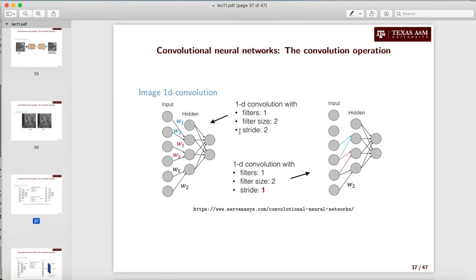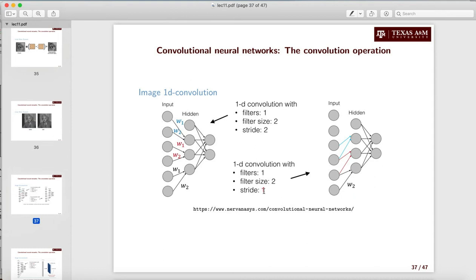By that we mean that after these two inputs lead to the first hidden unit, these two inputs are not seen again by any hidden unit, and we go to the next two inputs. Now, if we wanted an overlap among these, we could decrease the stride by 1.